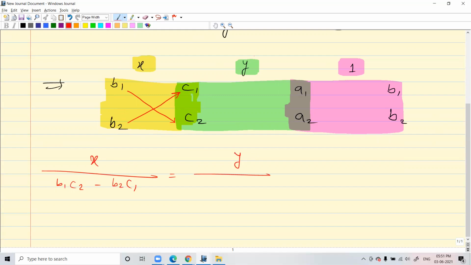Same way for y, we'll consider these two pairs now. So again, we'll start from the top, C1, A2, which I can write as A2, C1, alphabetically. Okay, and then subtract C2, A1, which is nothing but A1, C2. A2, C1 minus A1, C2.